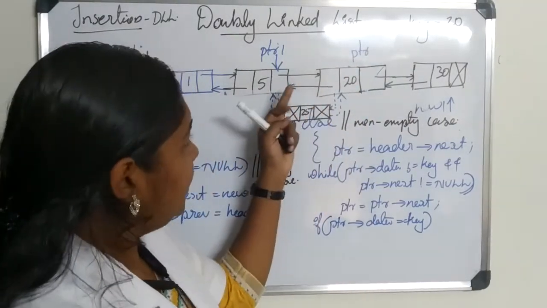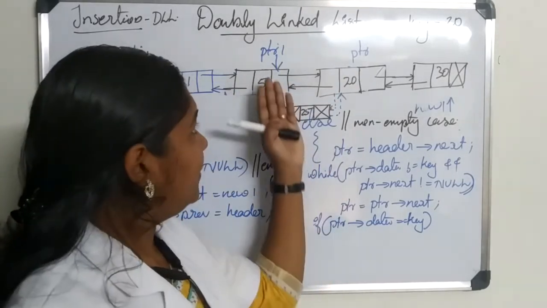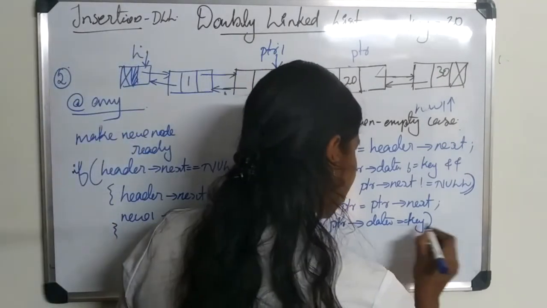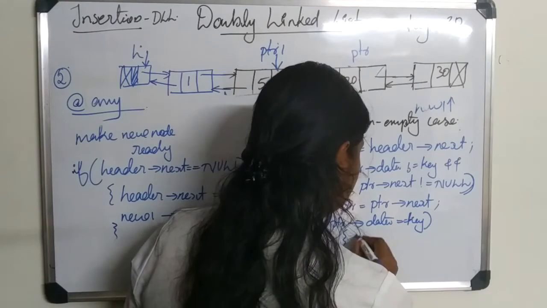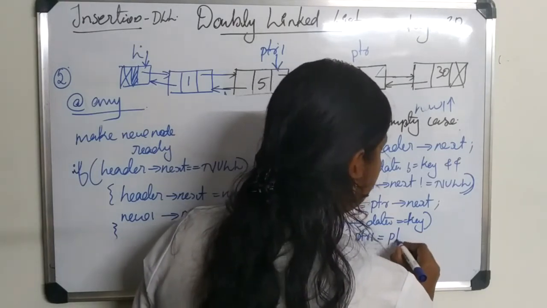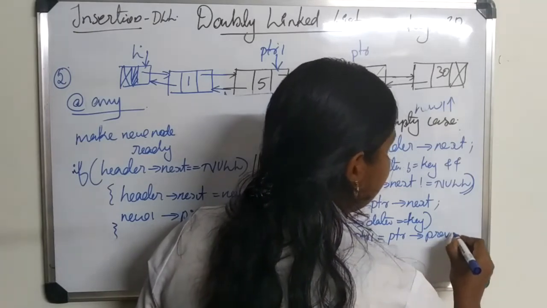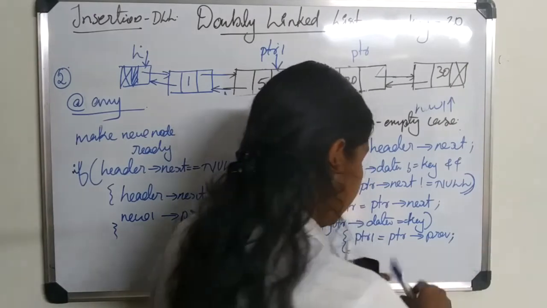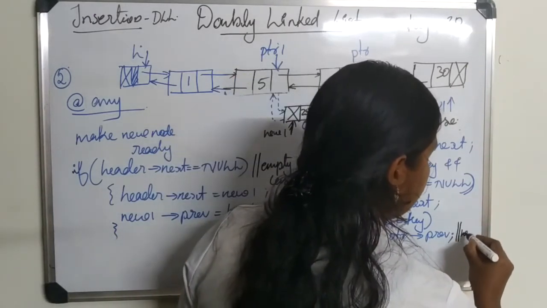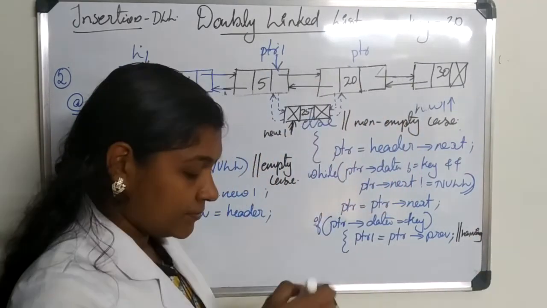Okay, so I can use ptr1 is equal to ptr.previous. So we got a name for this node also. So I am providing that if ptr.data is equal to key, I am giving ptr1 is equal to ptr.previous. So this is for naming the previous node. Okay.